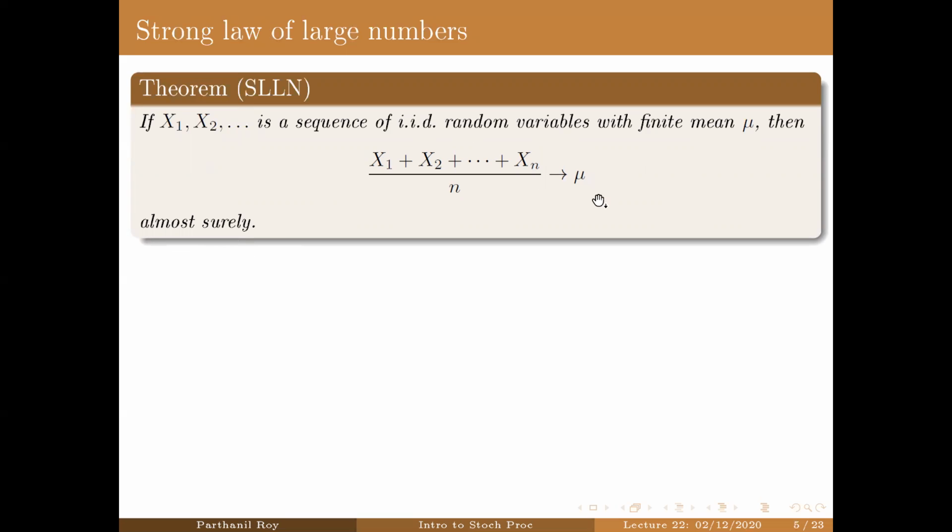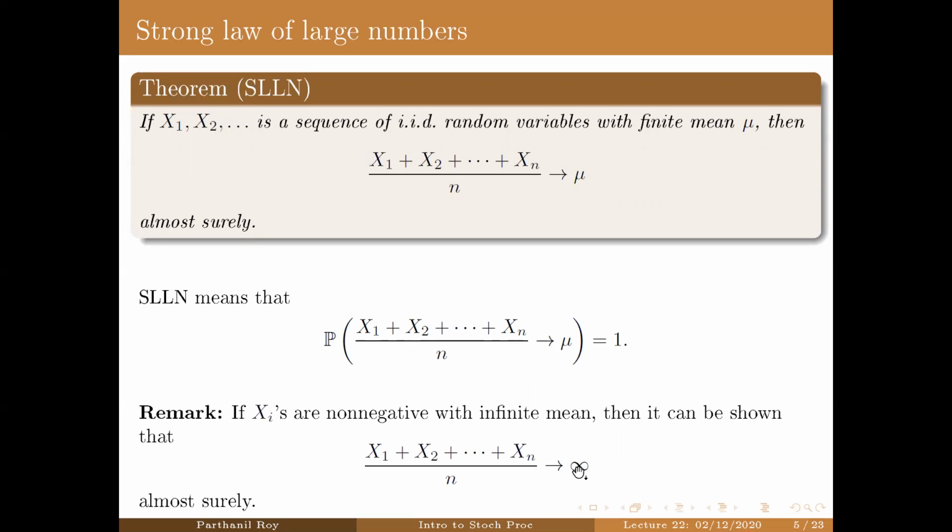So this says that for a large sample, the sample mean is a very good approximation for the population mean. That's all this means. By the way, this statement just means that with probability 1, the sample mean converges to the population mean. So the event that the sample mean converges to the population mean has probability 1.